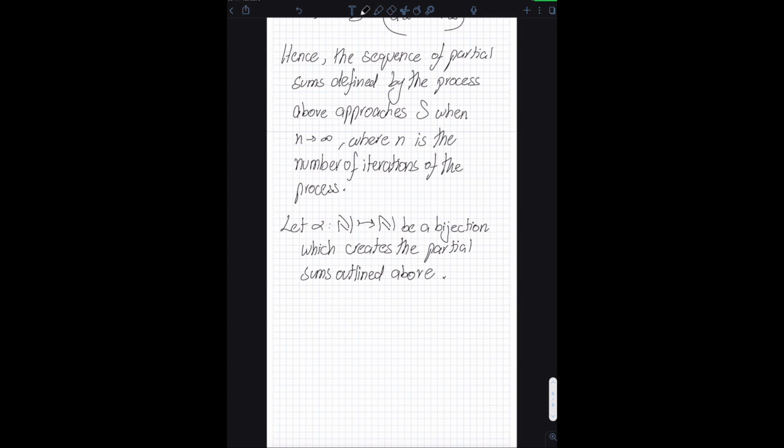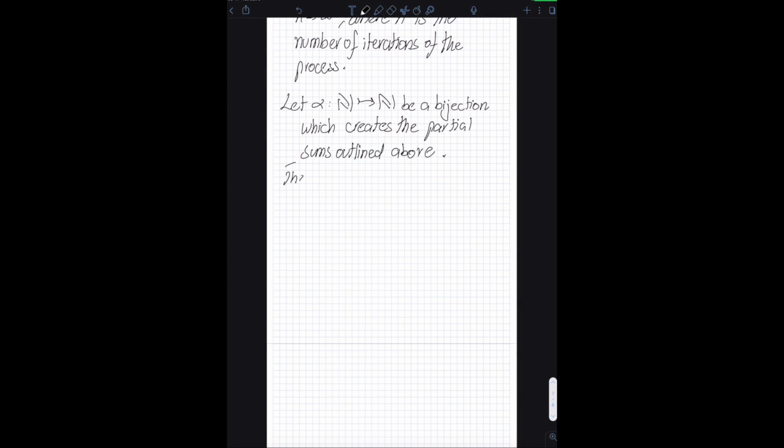And then, as I've already shown, this sequence of partial sums as n tends to infinity is going to converge to S, where S is any real number that you gave me, and this completes the proof.